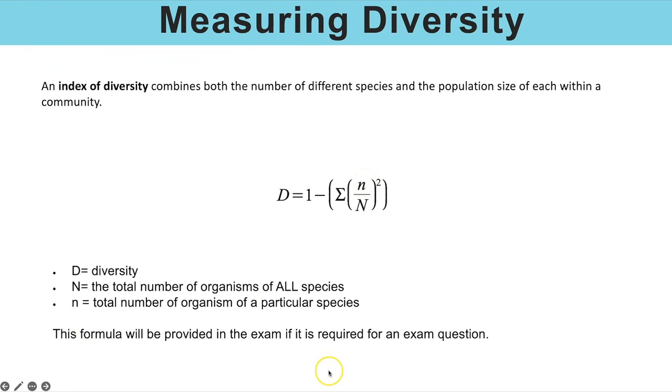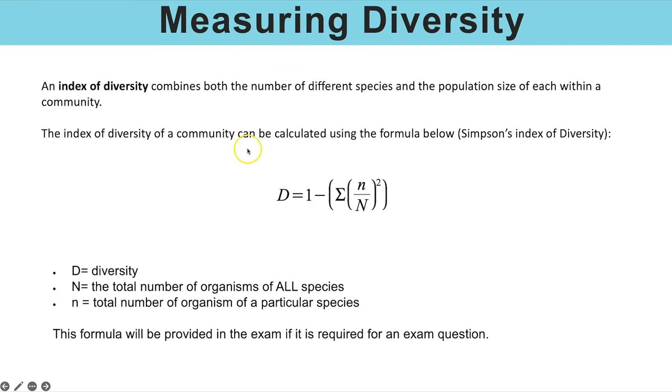And this formula would be provided for you in the exam. You just need to know how to use the Simpson's index of diversity. And the key thing is knowing that you have to do the sum of lowercase n divided by capital N squared, meaning you have to work this out for every species present, and then you add that together for all of the species present.